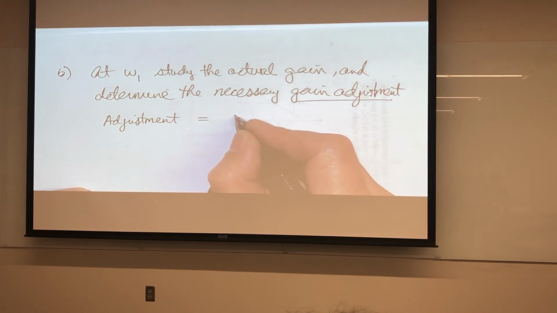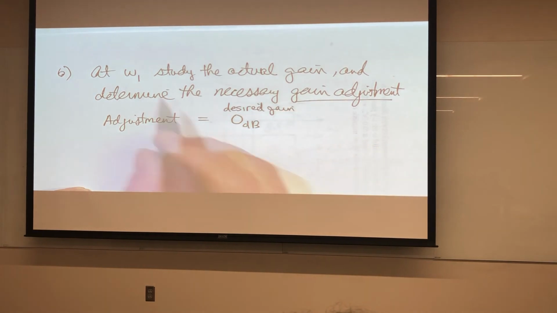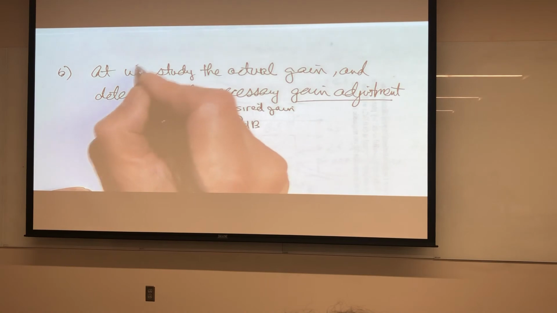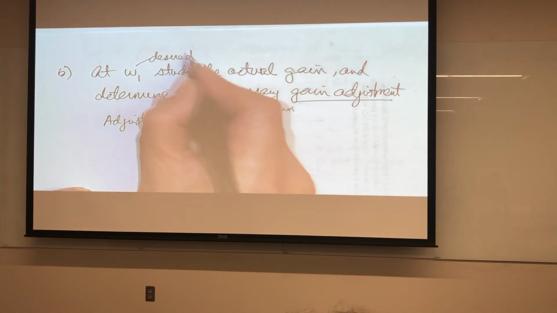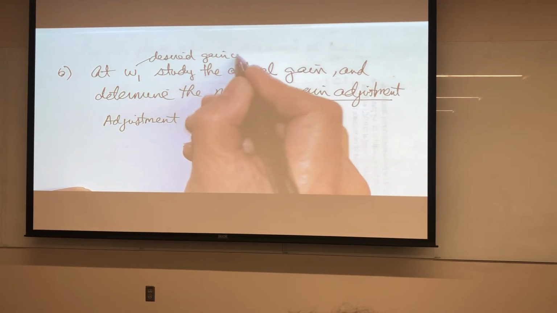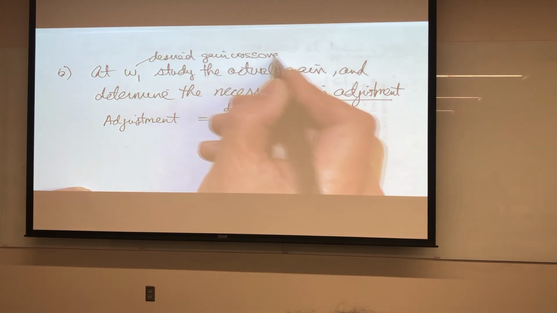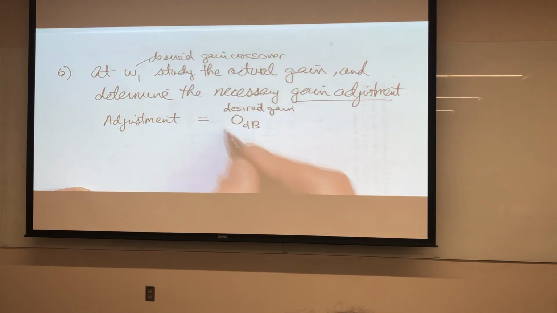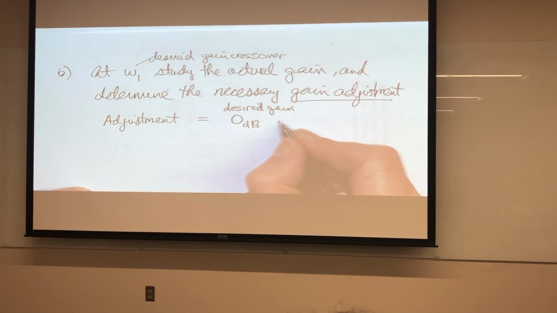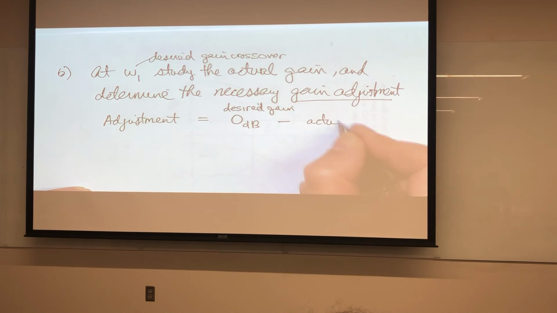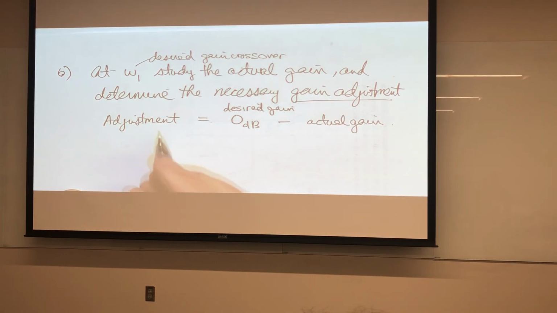When we see where we are, the desired gain is 0 dB. Remember, what is omega 1? Omega 1 is the desired gain crossover. So at the desired gain crossover, I should have a gain of 0 dB. And I subtract off the actual gain. And that is the adjustment.